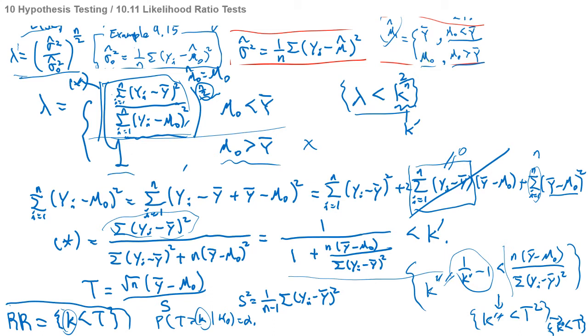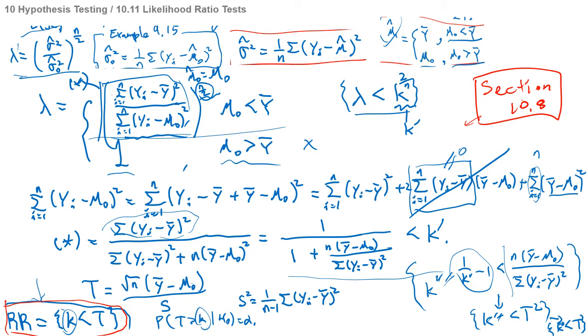Actually, deriving this rejection region is equivalent to the one that we calculated from section 10.8. If you go to section 10.8, you derived this t statistic and the rejection region of this one, the same thing. So the likelihood ratio test and the results from section 10.8 are equivalent.